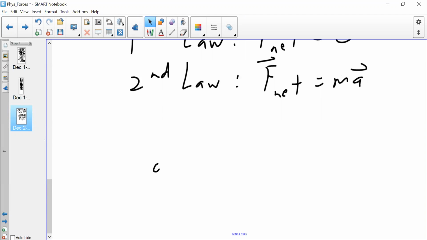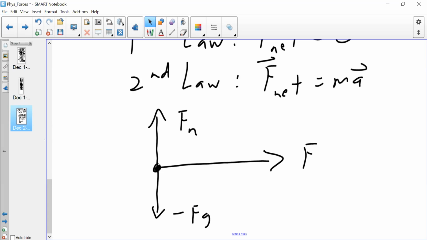If I have a book on a table, I have the normal force from the table. The table is pushing this guy up. Remember, normal force is the force that is perpendicular from any surface, up or down from any surface. And then we have the force of gravity. Let's say that it was on a table, but then I push it. Well, my pushing force is larger than either of these two forces here, so it's going to fly off in the direction of my push.